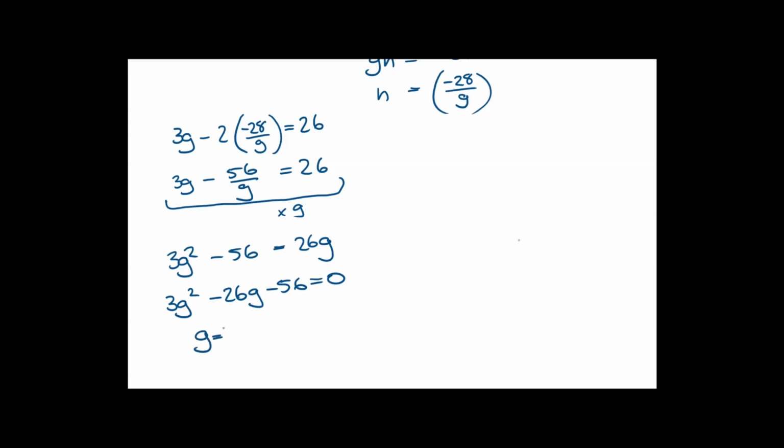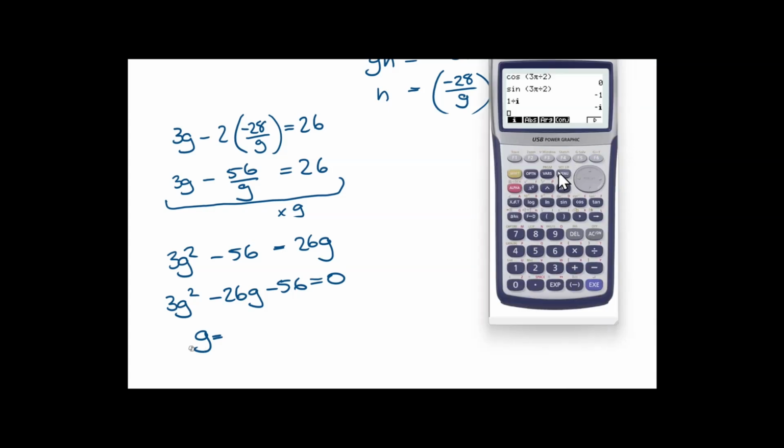So g must be equal to two distinct numbers. So we go to Mr. Casio, and I'm just going to be completely lazy. We've done all the legwork, so I think we can get away with polynomial solving. It's degree 2: 3, minus 26, minus 56. We get those two numbers there. No, we don't.